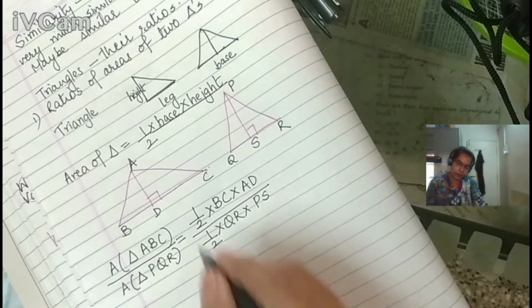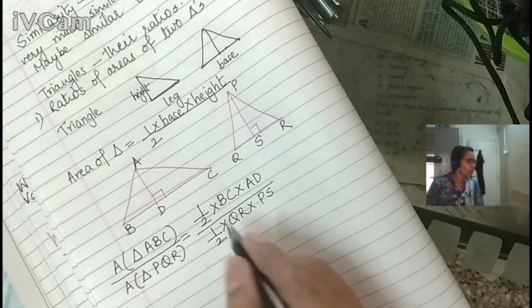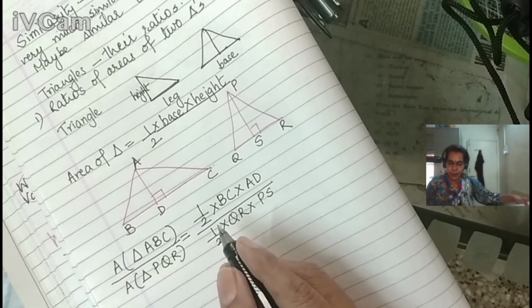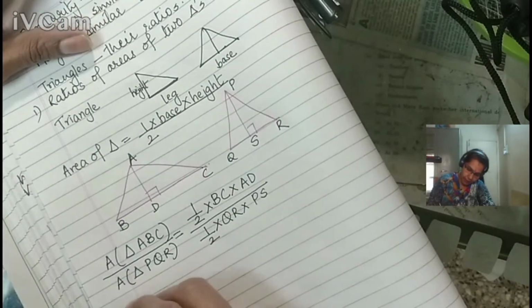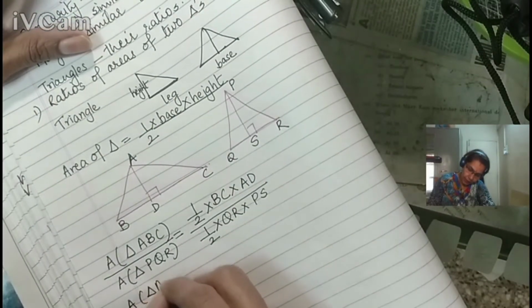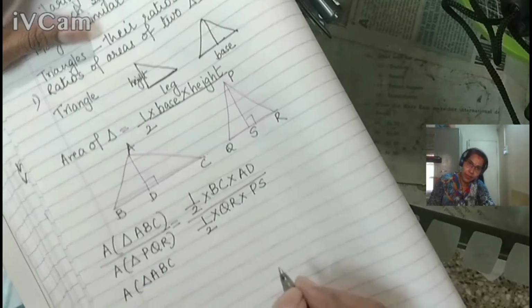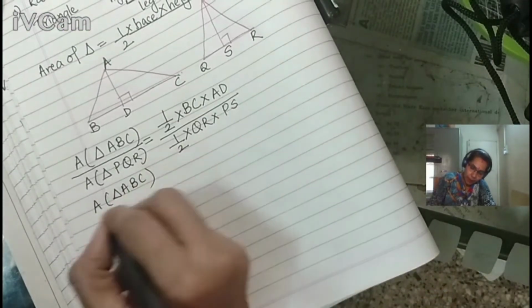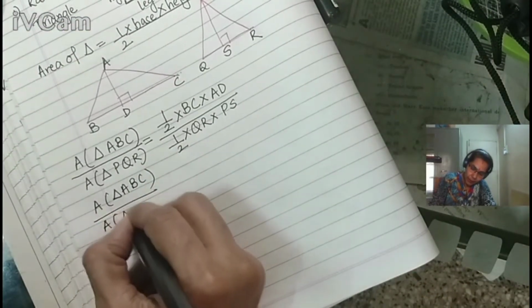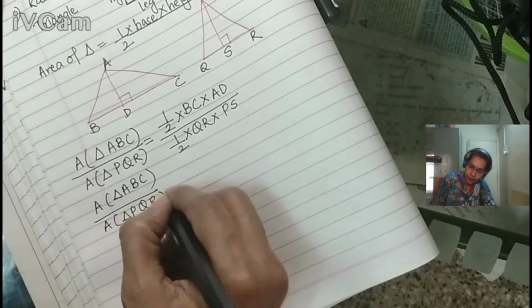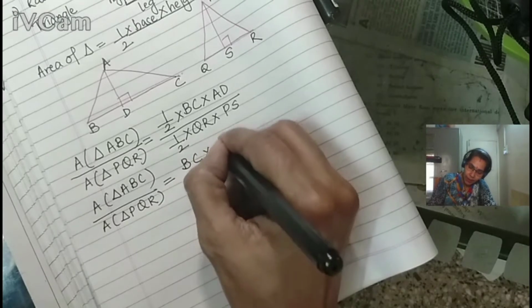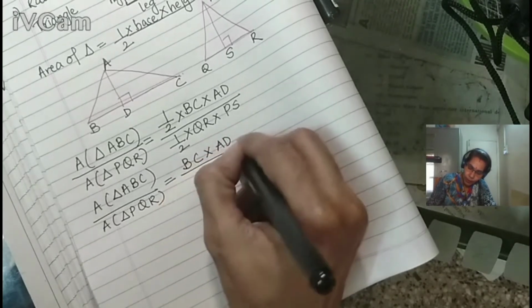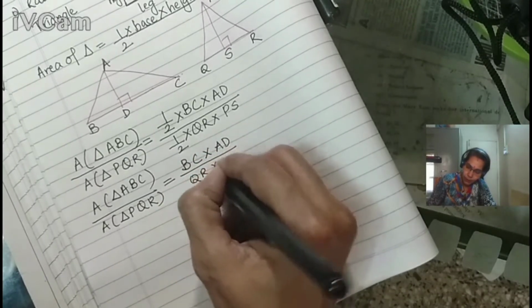If you look at the figures, half is common, so we can just delete it. And what I get is area of triangle ABC upon area of triangle PQR is equal to base into height upon base into height.